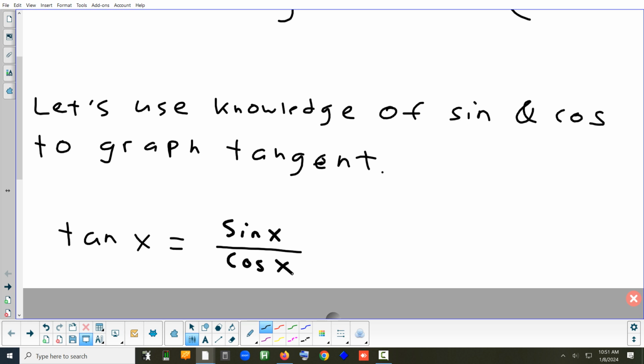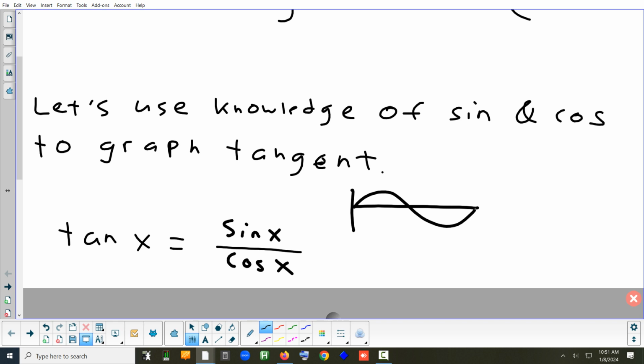Now, let's think about sine. Sine looks like that, if you graph it from 0 to 2 pi. From 0 to 2 pi, not including 2 pi, how many times does it cross the x-axis?